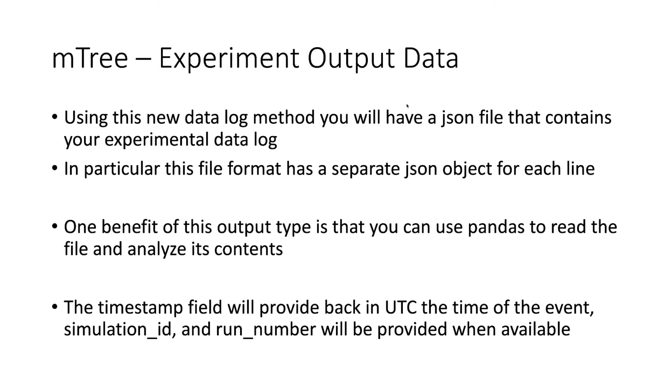So one thing to keep in mind is the output data. It will be a JSON file that your experimental data log is in. The benefit of a JSON file is it's text and it's readable, it's easily transportable, and it's also easy to store. It also allows for unambiguous field separation, whereas if you use a comma-separated value or something like that, you can quickly run into trouble interpreting lines of it.